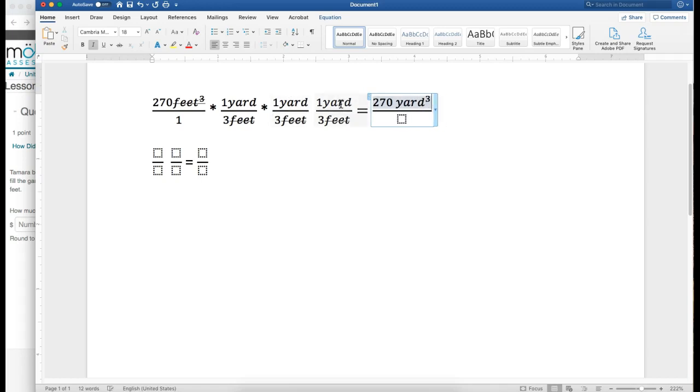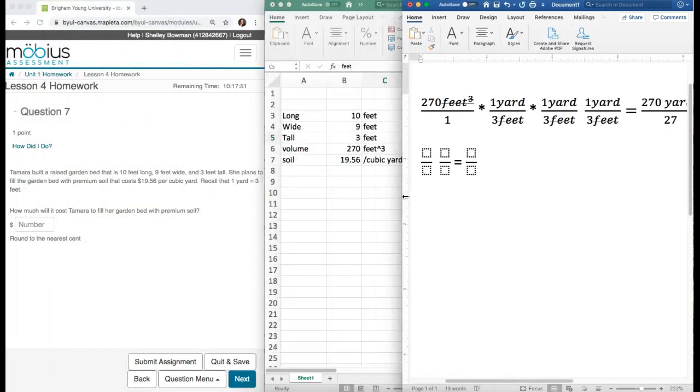And that was our goal, was getting yards cubed. And down here on the bottom I have 1 times 3 times 3 times 3. That gives me 27, and then to reduce this, 270 divided by 27 gives me 10 cubic yards, or yards cubed. And we can move back into our Excel spreadsheet here.